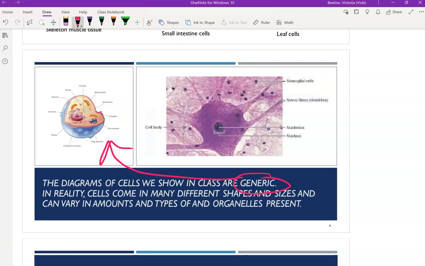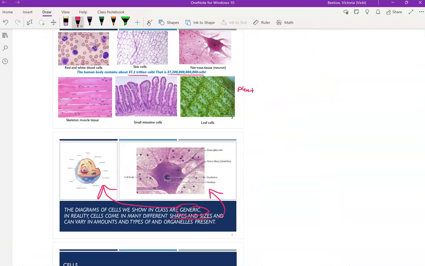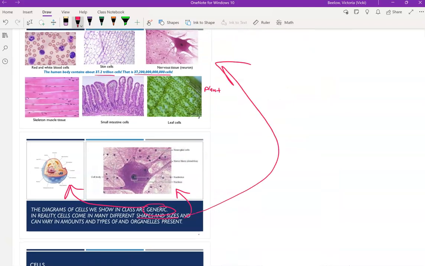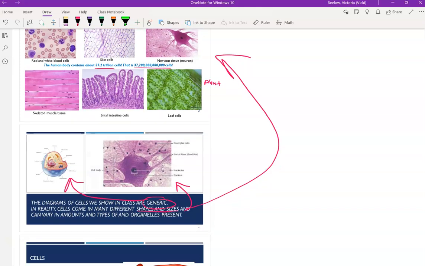We just use it for teaching purposes, when in reality, cells come in many different shapes and sizes, like we see here and up here. We use this as a teaching tool because the stuff that's inside of the cell is what pretty much all of these cells have.